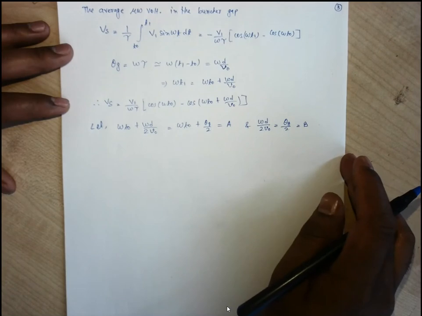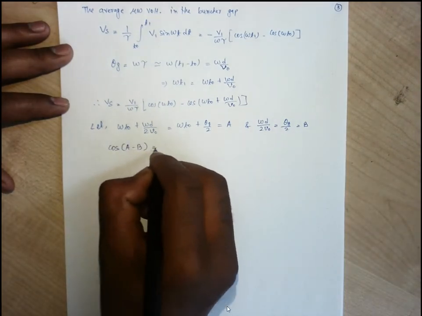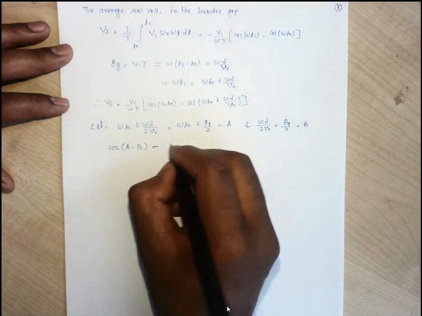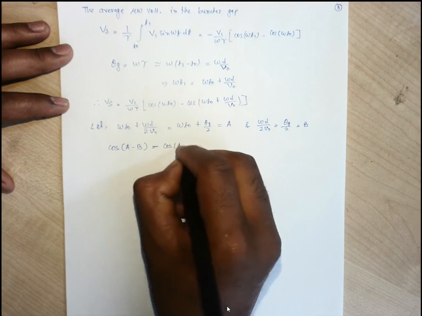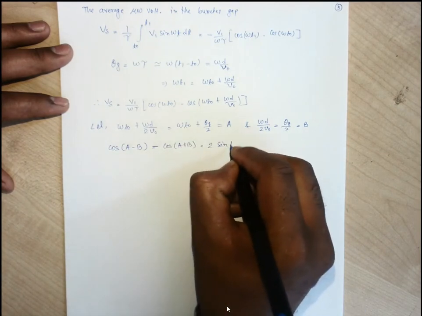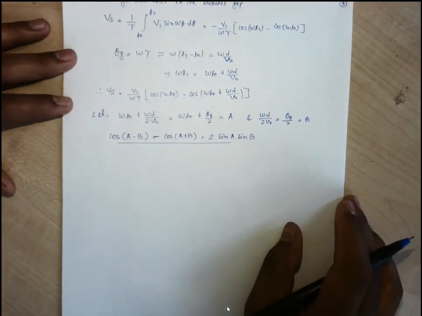We are using the trigonometric identity: cos of (a minus b) minus cos of (a plus b) is twice sin a sin b. We are going to use this identity here.